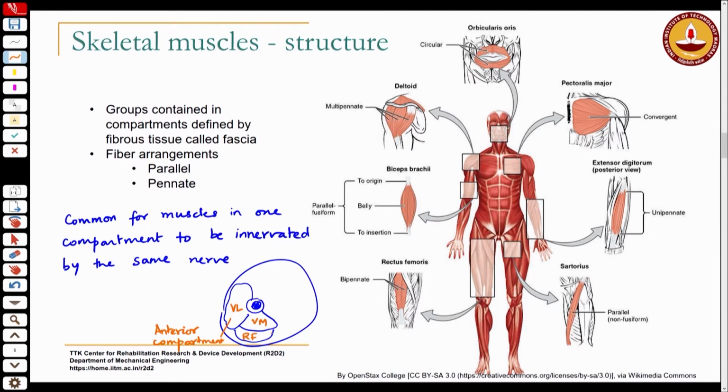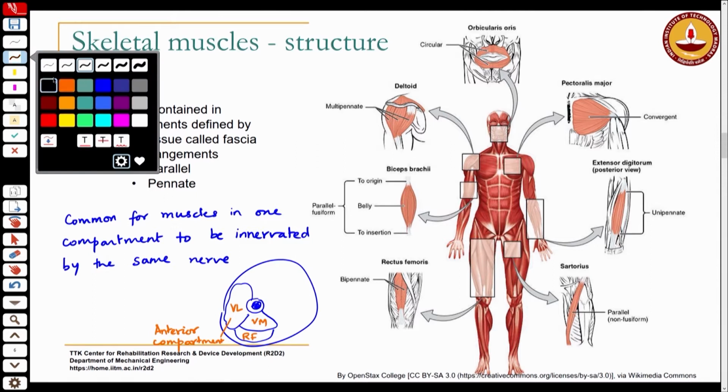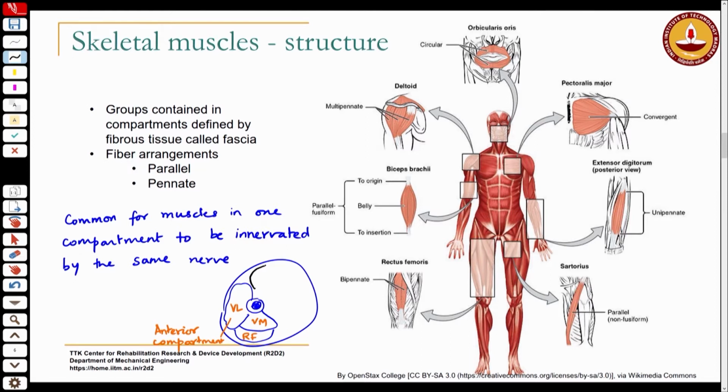And then in the posterior compartment a group of muscles which would be the biceps femoris, the semitendinosus and the semimembranosus.